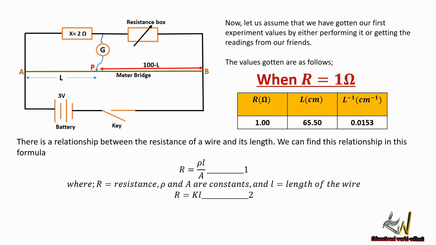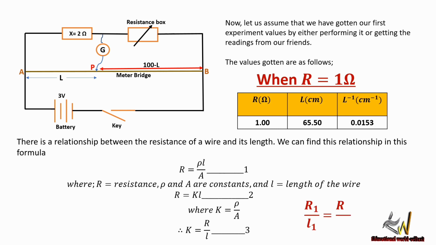So we can simply rewrite equation 1 as R is equal to KL, where K is equal to rho over A. So now the constant K is equal to R, resistance, over the length.